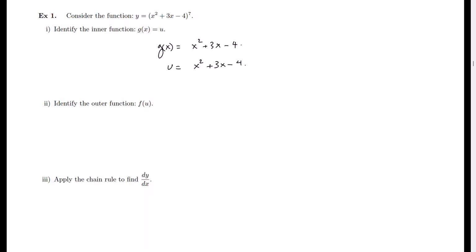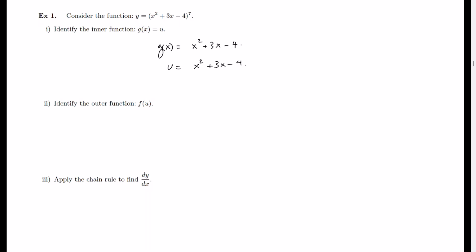Now, if I decide to call x squared plus 3x minus 4 by the name u, what would be the original problem rewritten? That's what they're asking us in part 2, to identify the outer function. We can see that there's a power of 7 on the base x squared plus 3x minus 4.